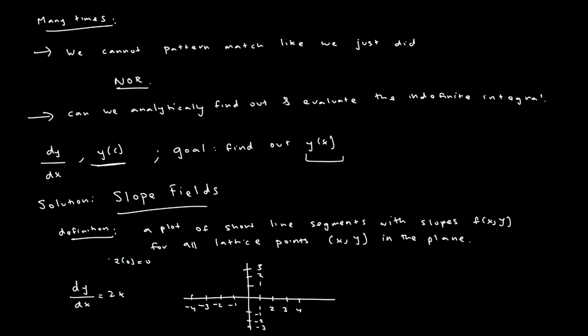One thing that's simple in this problem is that our dy over dx only depends on x and doesn't depend on y. So if I go up and down the y-axis, the slope field plot is not going to change. When x is 0, our slope is 0, so we have a horizontal line.